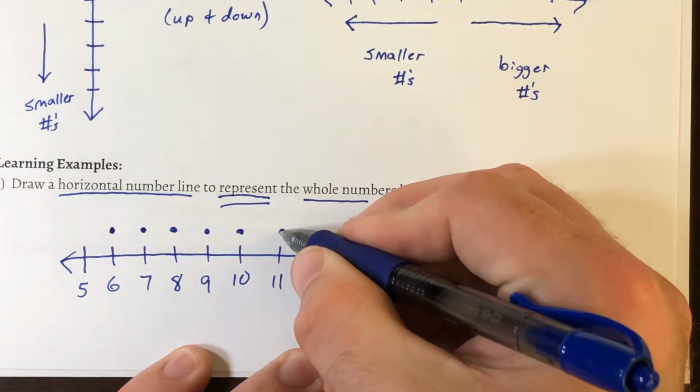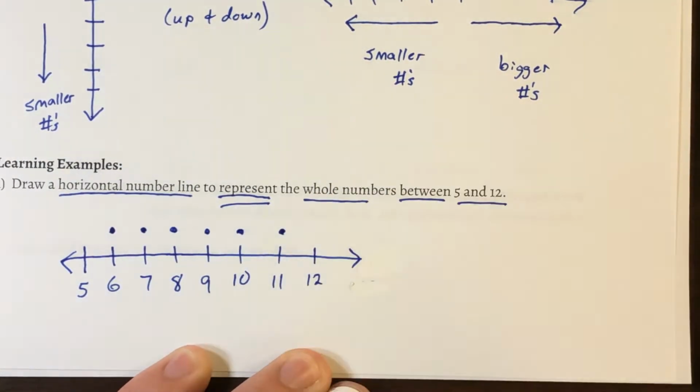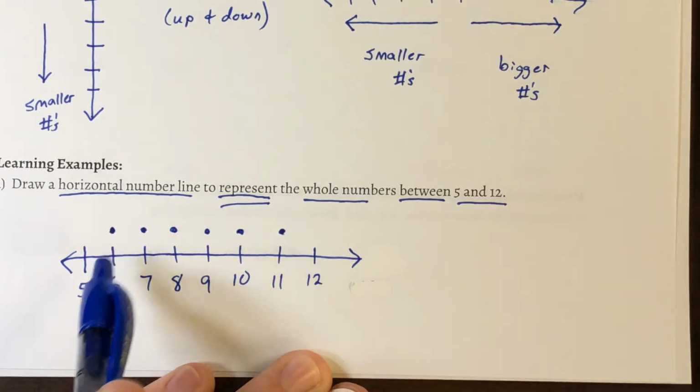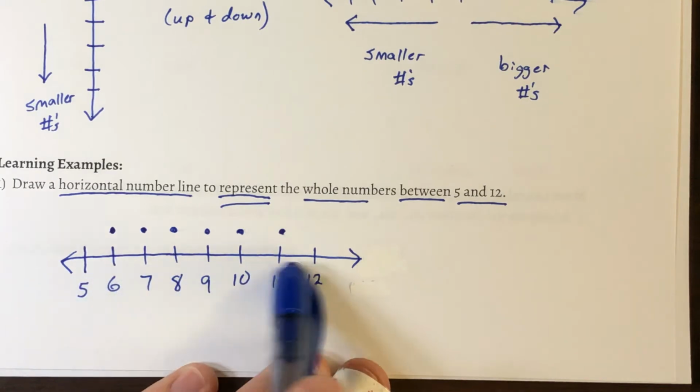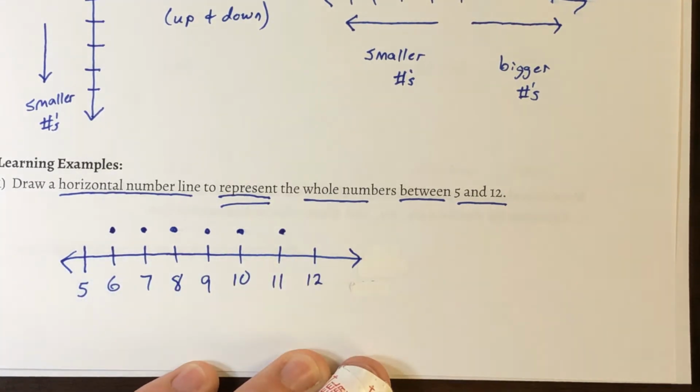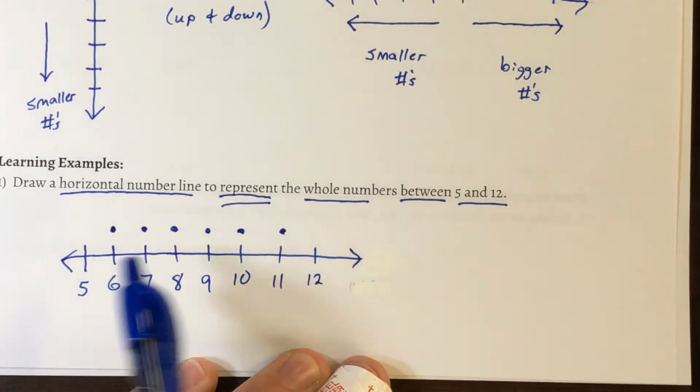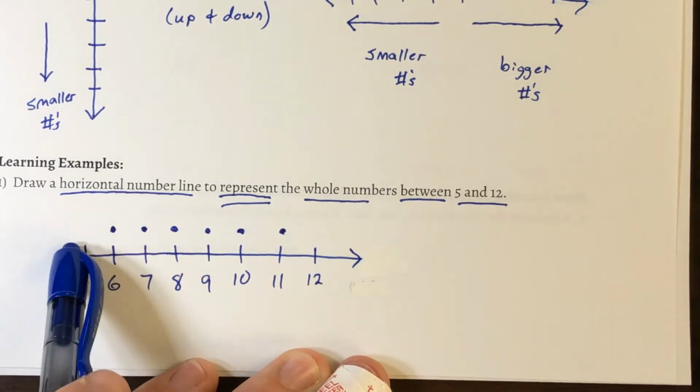So again, the dots, that's us representing our numbers. We are showing that we know which numbers are between 5 and 12. And we're showing their relationship to all of the other numbers and which order they go in. So as we go left, these numbers are smaller.